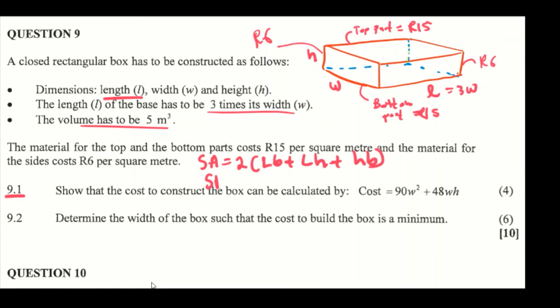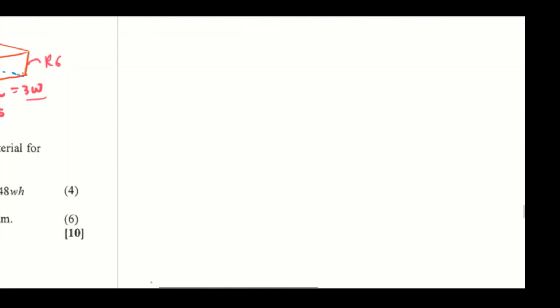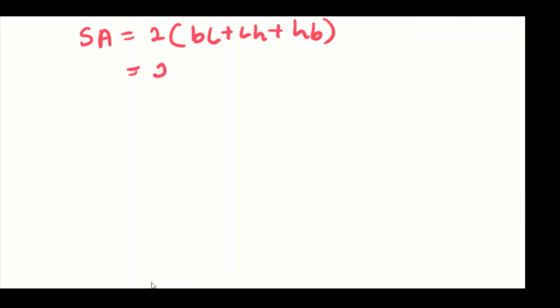So the surface area is equal to twice. What's the length? It's actually 3. But anyways, let me just write everything on this side. So surface area is equal to 2 b multiplied by l, plus l multiplied by h, plus hb, which is equal to twice bl plus twice lh plus twice hb.